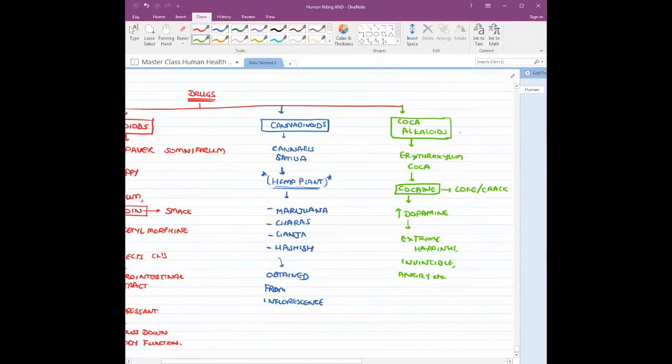Okay, both the things, guys. Okay, but now what is this going to do, guys? So when we talk about your cocaine, once again, this affects your CNS, central nervous system, and it is going to make your body really alert. Okay, so that is the thing that we need to know.